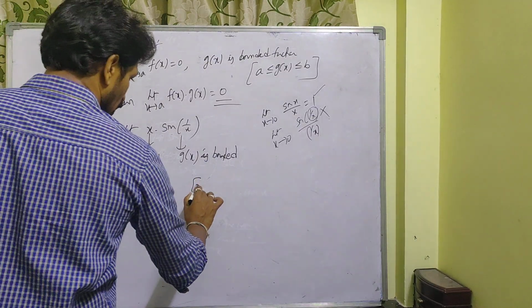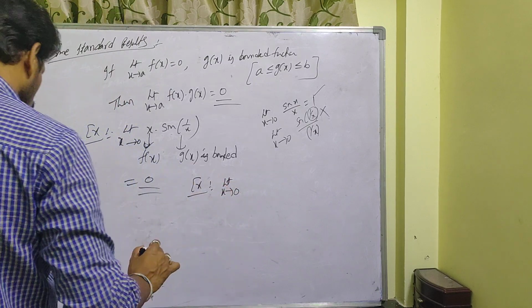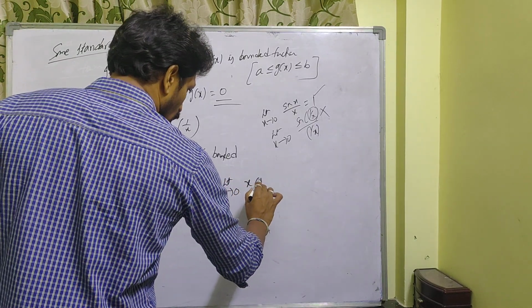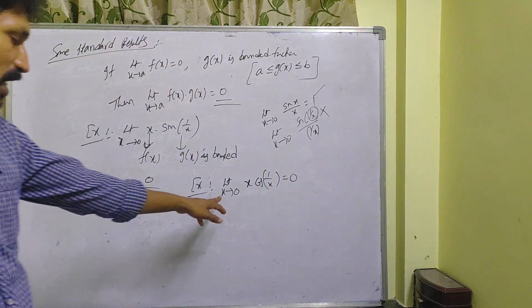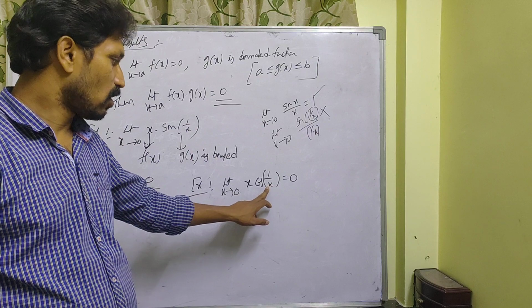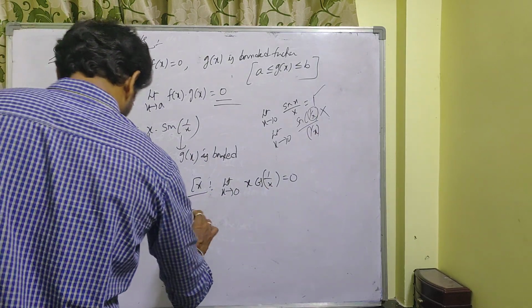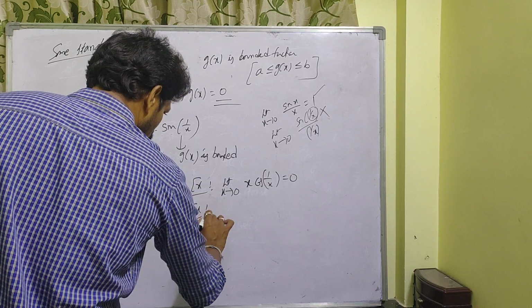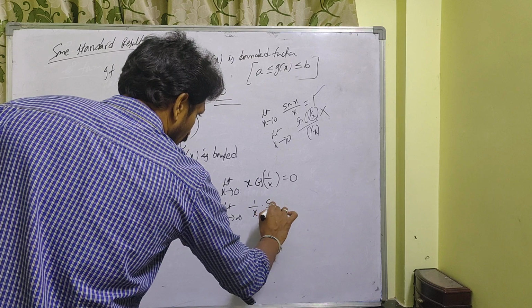Similarly, one more example: limit x tends to 0 of x into cos of 1 by x. This value is also 0, because as x tends to 0, x is 0, and cos of 1 by x is bounded. Cos is a bounded function. Next example: limit x tends to infinite of 1 by x into sin x.